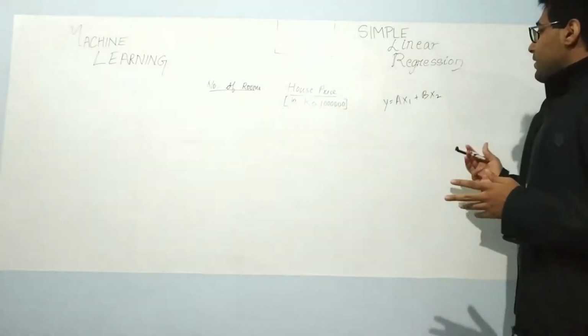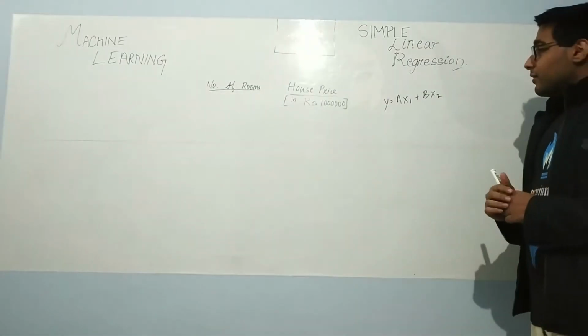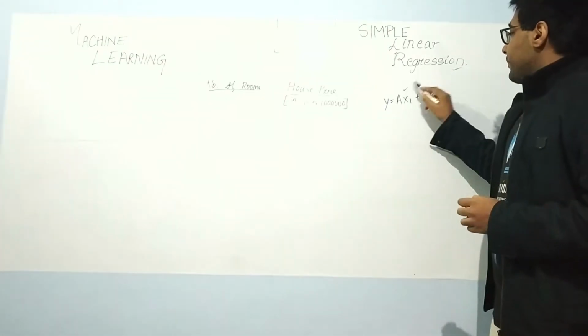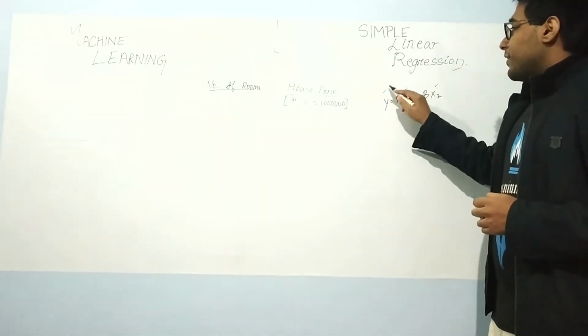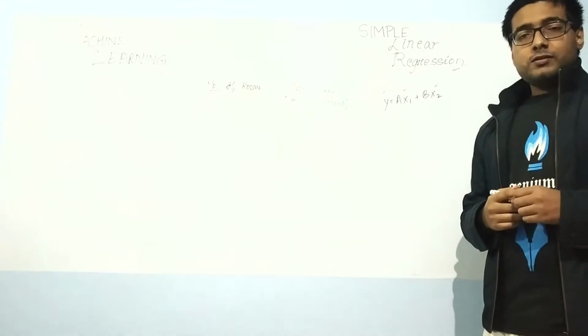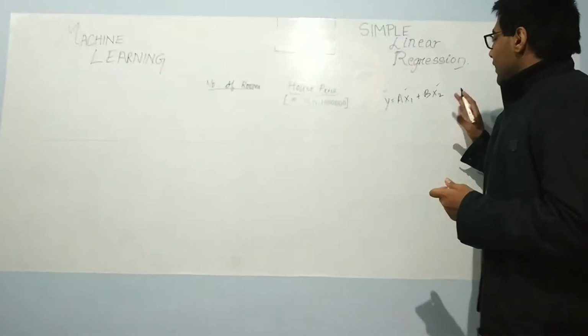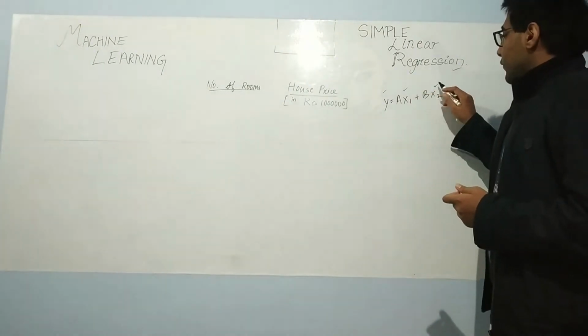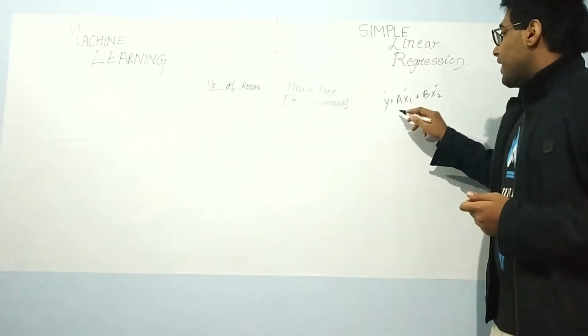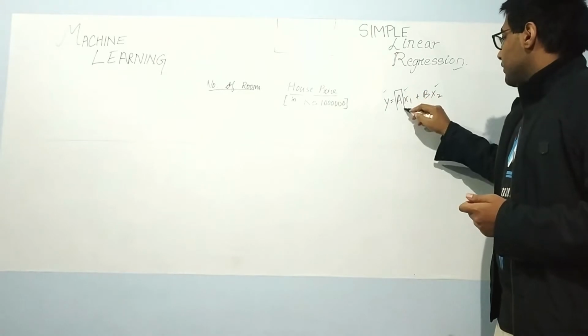Now regression simply means correlating these independent variables with a dependent variable. It means we are somehow connecting these independent variables with a dependent variable with the help of these coefficients.